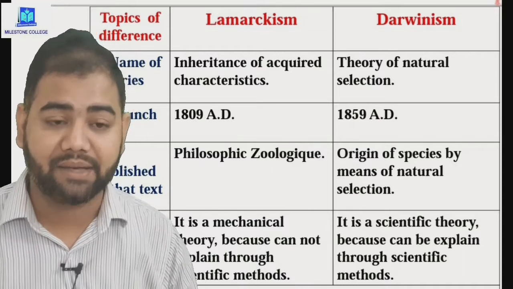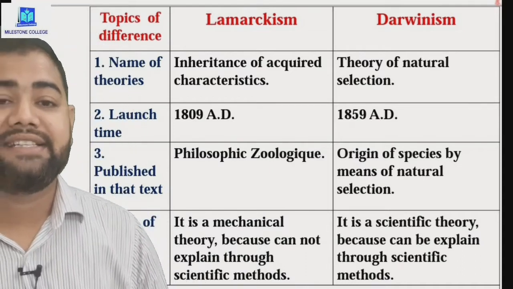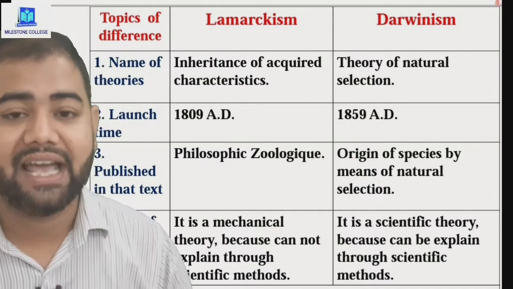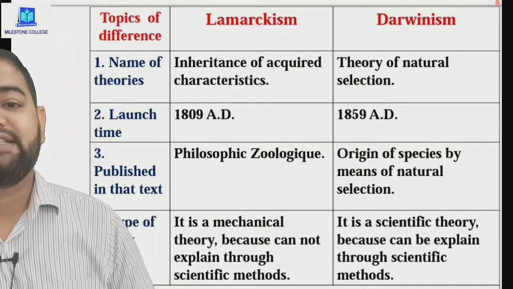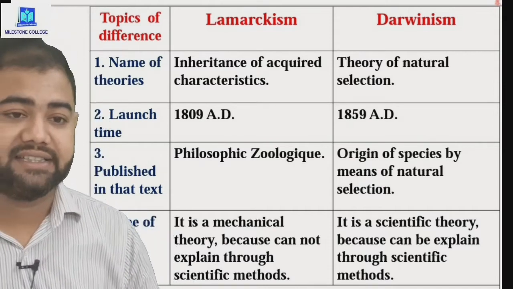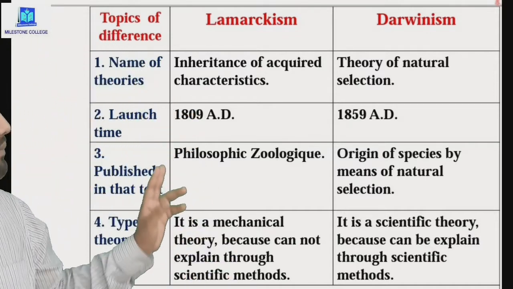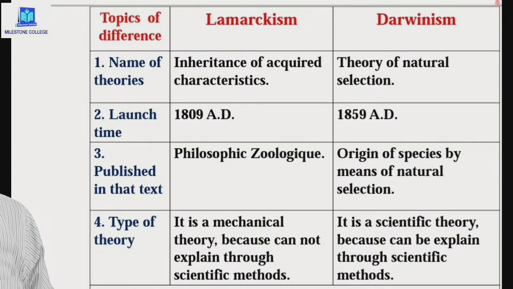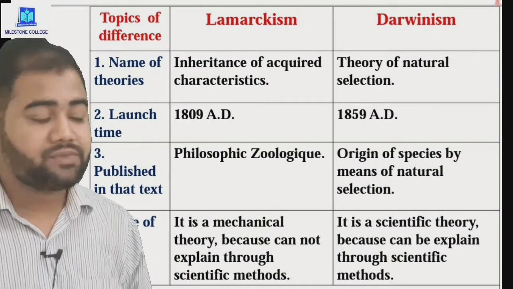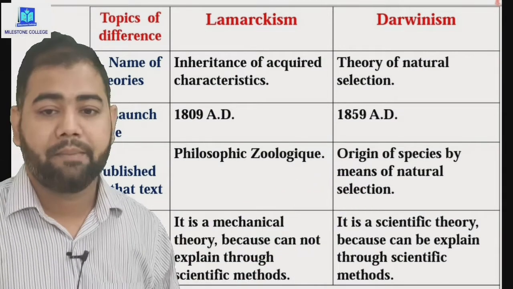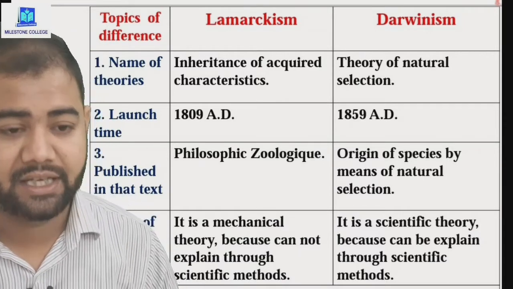Number 2, launch time: 1809 AD for Lamarckism and 1859 AD for Darwinism. Published in their texts: Lamarckism, Philosophie Zoologique, and Darwinism, Origin of Species by means of natural selection.